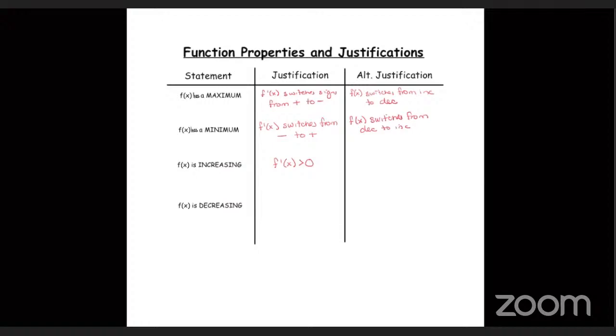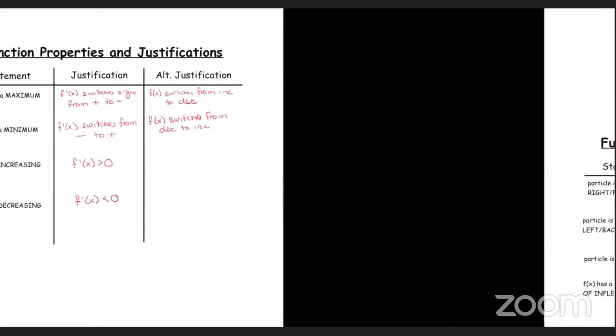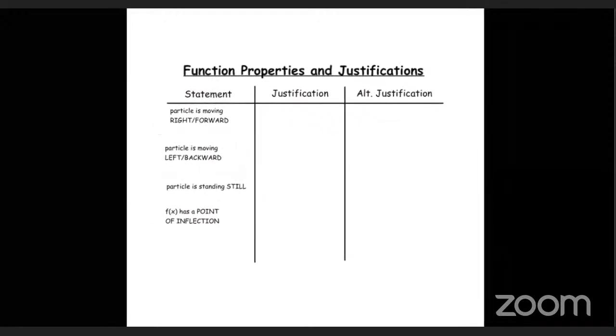Similarly, to say that our function is decreasing, we would use our first derivative, and our function is going to be decreasing when our first derivative is negative. All right, so our next one, when our particle is moving right and forward, similar to when our function is increasing, we would say that our first derivative is positive. There is kind of an alternate justification you could look for on this one, and that would be that your function itself is increasing.